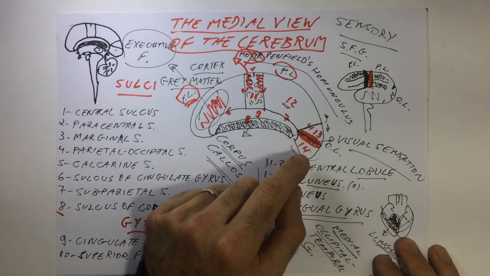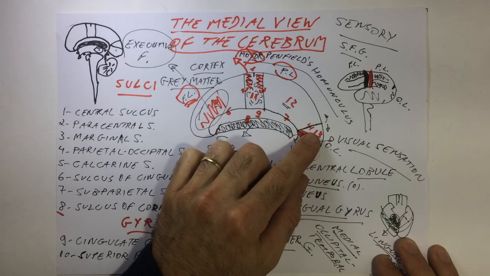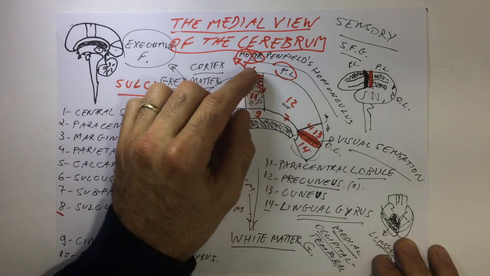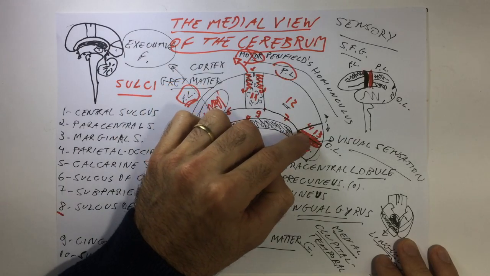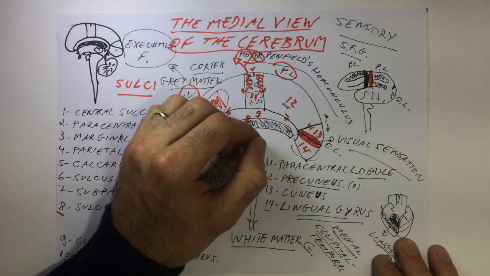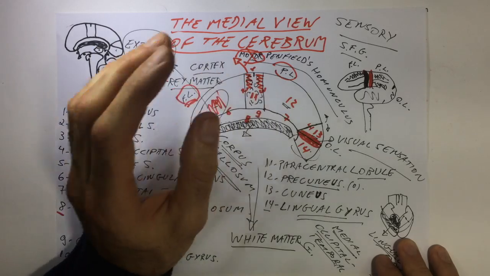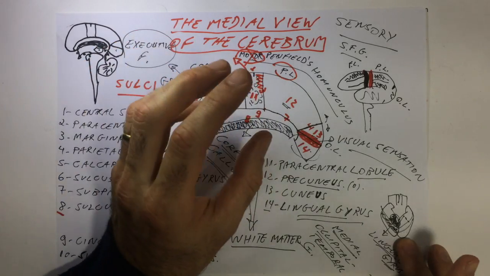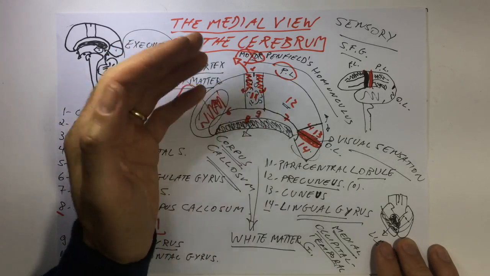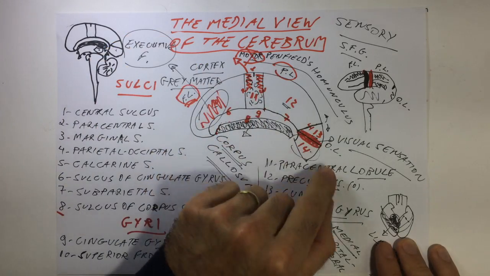So this structure also works as a map, very similar to what happens with the pain-filled homunculus. In this case, a visual map. All the stimuli that we can identify in different parts of the field of vision get to different parts of this structure here.